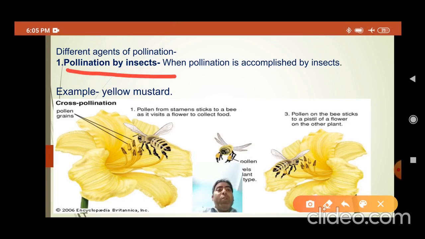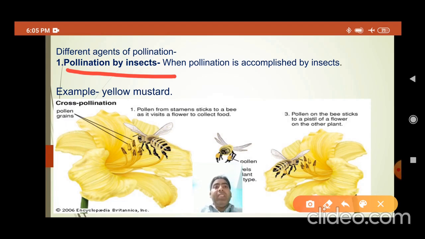What is pollination by insects? When pollination is accomplished by insects. Many insects, like bees, butterflies and moths, feed on the nectar of the flowers. Few insects are attracted by the color and odor of flowers.